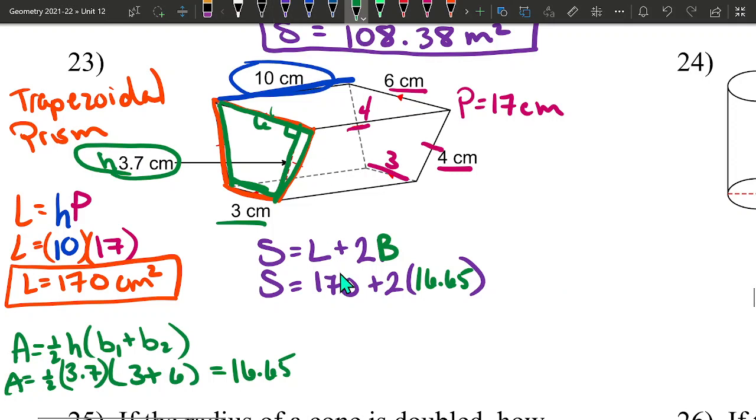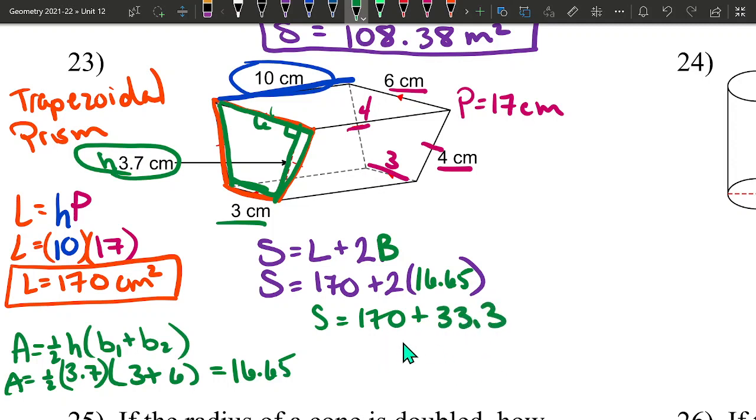And now I can calculate this part. So S equals 170 plus 2 times 16.65, which is 33.3.